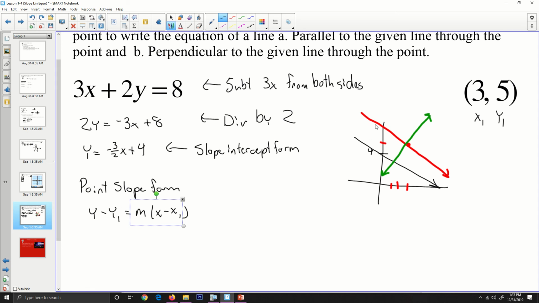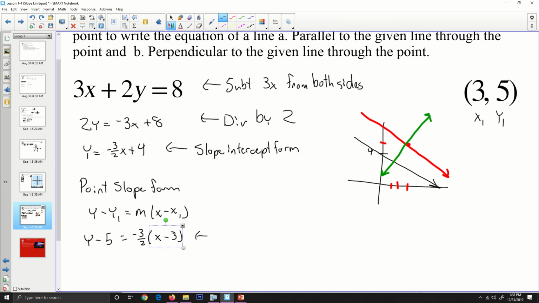For the first one, for the red line here, I want to have the same slope. So it's going to have a slope of -3/2, and we're going to use the point 3, 5 in here. So I'm going to go y minus 5, that's my y1, equals -3/2 times x minus 5. No, sorry, I made a mistake there. Let's fix that. Remember, it's x1, so x minus 3.